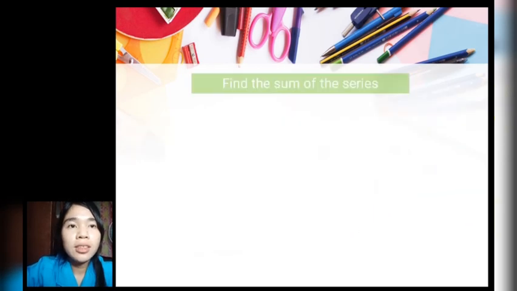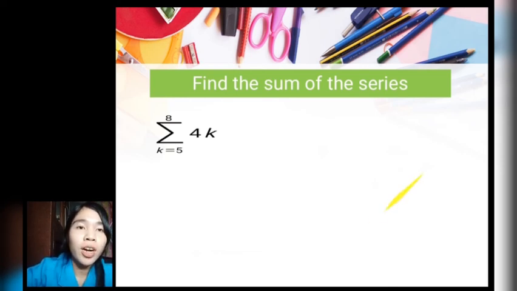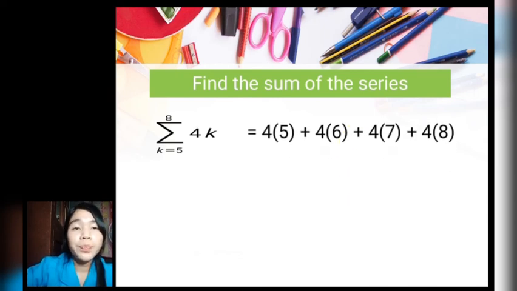Now, let's find the sum of a series that uses the summation notation. We have here the summation of k equals 5 to 8 of 4k. K equals 5 means the first term will be at 5 and the last term will be at 8.